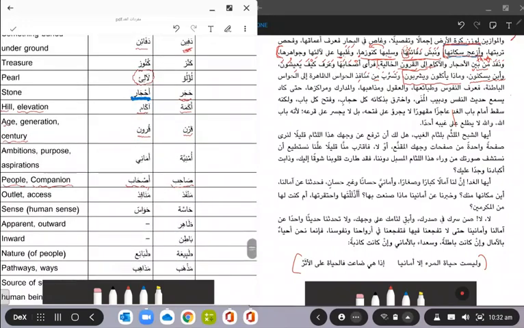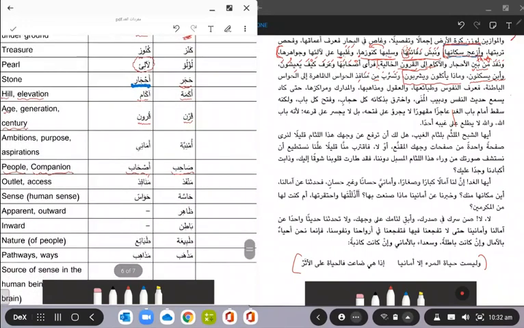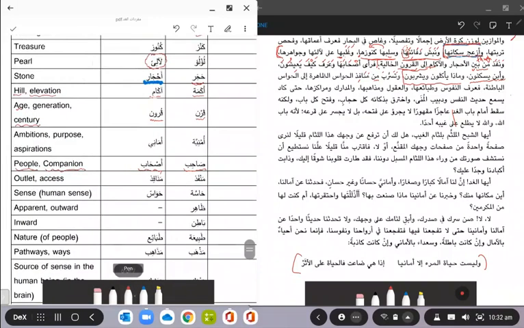It definitely sounds like a plural, right? Anything that has especially an alif and a sound and looks long, it means it's a plural form. Okay. All right. So here we have manfadh, and manafidh means outlet or an access.